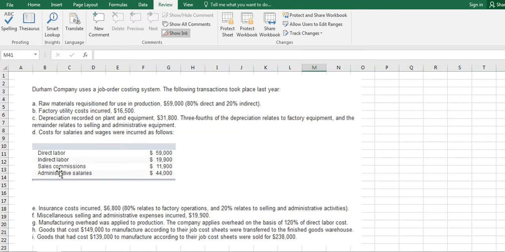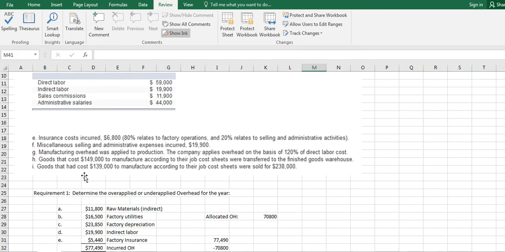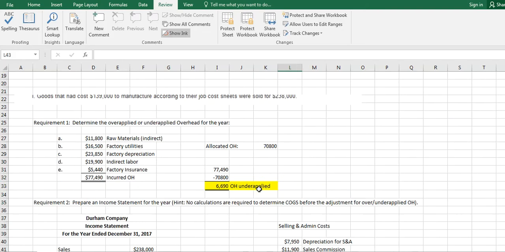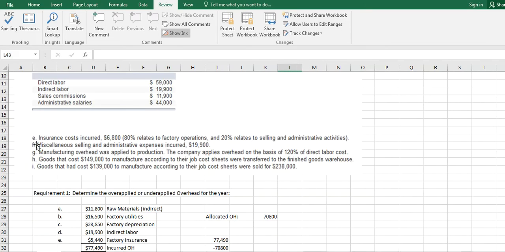We've got a sales commission here, and we've got administrative salaries here. So we actually have two items in selling and administrative for salaries and wages. Our sales commissions were $11,900, and our administrative salaries were $44,000. So this is sales commissions, administrative salaries, and we are all the way down to E.